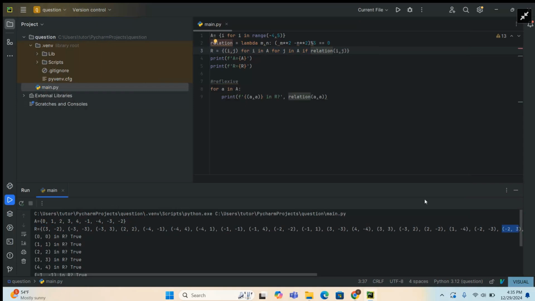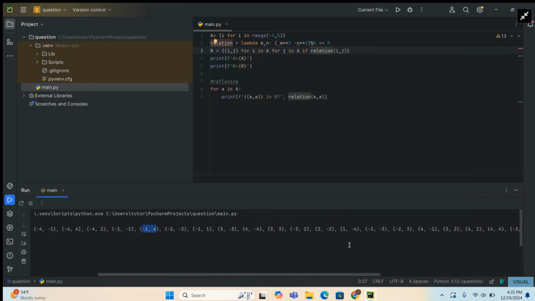Same goes for another random one: (-1, 4) is in R. Well, we better be able to find (4, -1) somewhere. Look for it. Yes, here it is. And we pretty much do that for every single point in R to check that one.